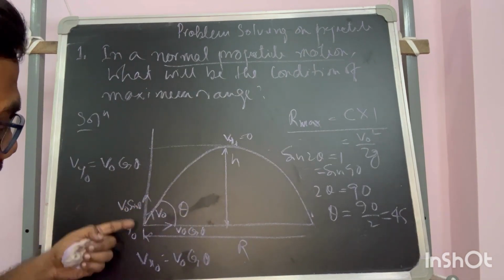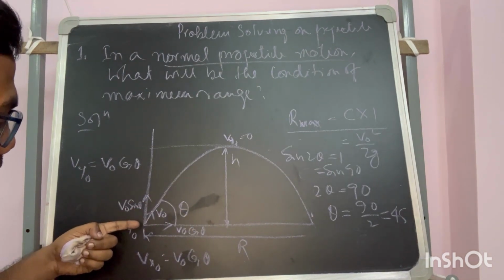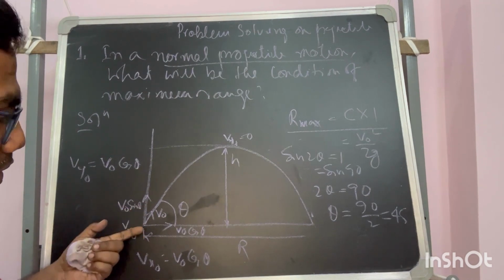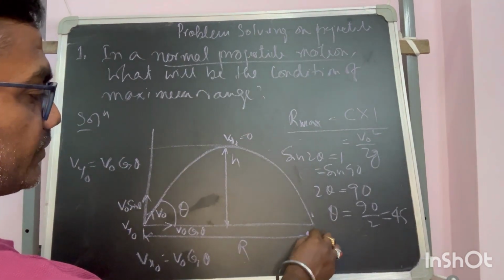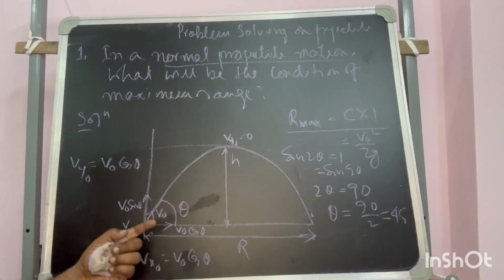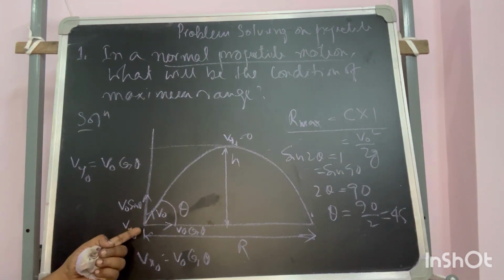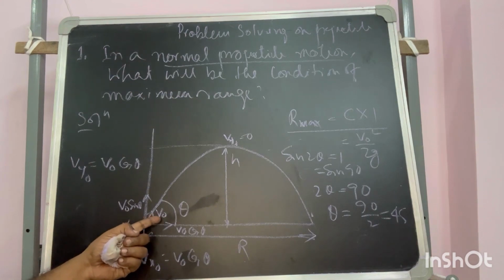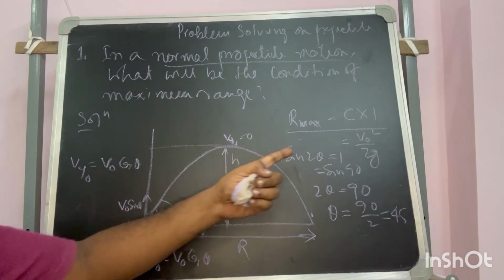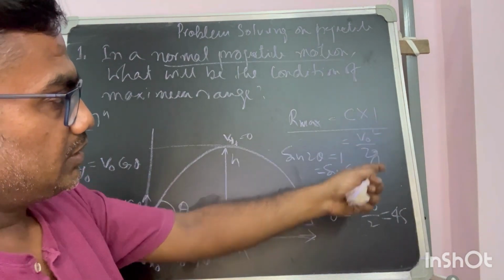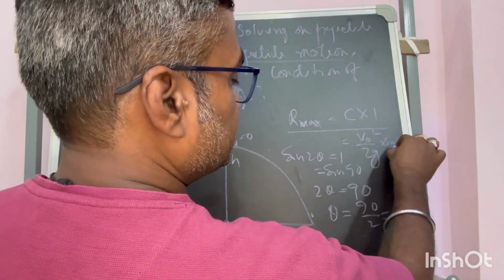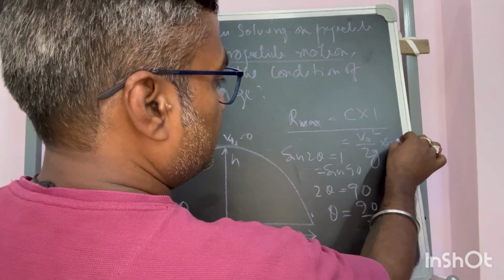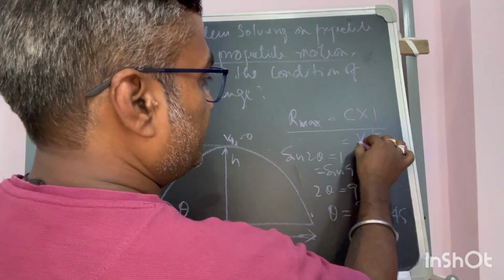So for the same impulse force, the same object will reach the maximum range. Further, this will not change. If the impulse changes, that means if the initial velocity changes, then only the value will change, along with the constant, and sine 2 theta's maximum value is 1.